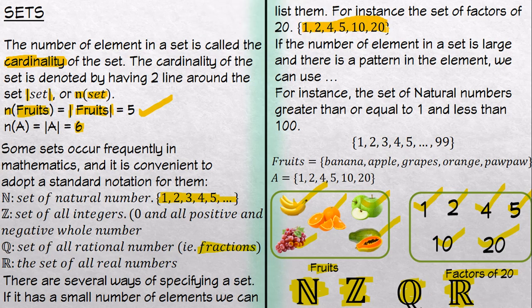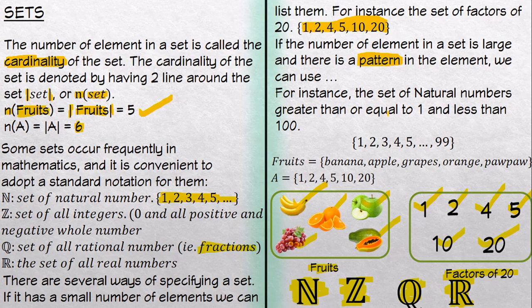But if there is a set that has a very large cardinality and it has a pattern in it, take note, there is supposed to be a pattern in it, then we can write the set differently. For instance, let us consider this set over here, a set of all natural numbers that are greater than or equal to 1 but less than 100.